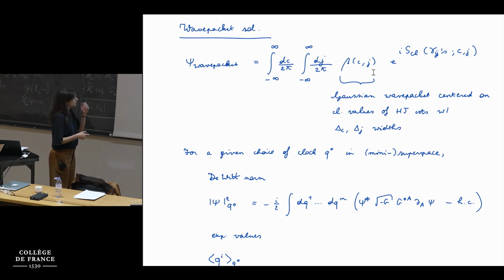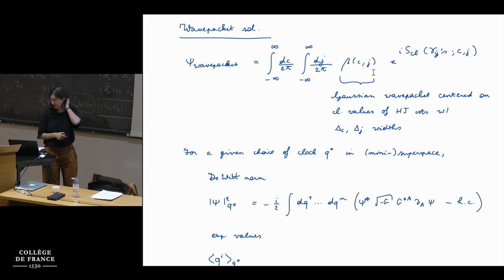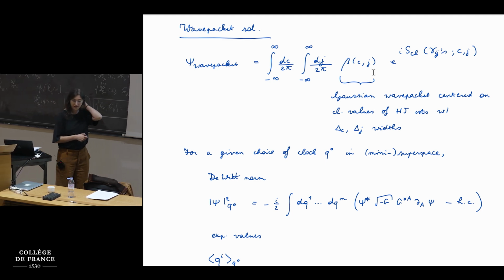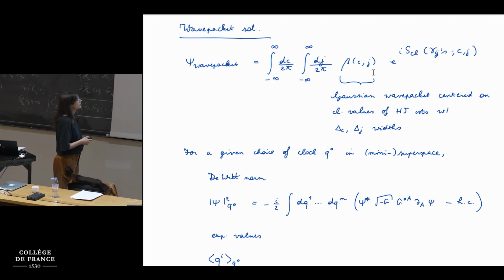Right, and then here we discuss the DeWitt norm, which we'll use for our wave packet solution to calculate expectation values. For a given choice of clock in your mini superspace, the DeWitt norm is given by this formula. So it's dependent on which choice of clock you made, so it's sitting here in the notation.